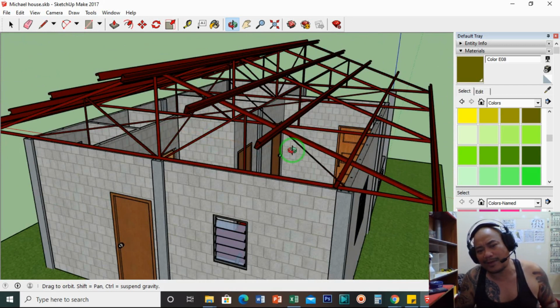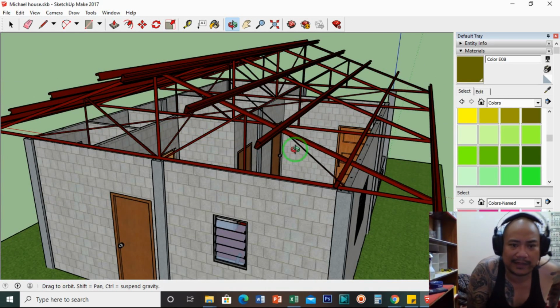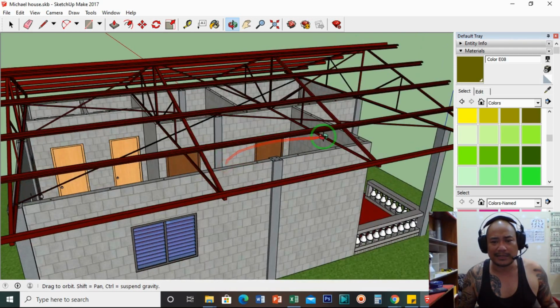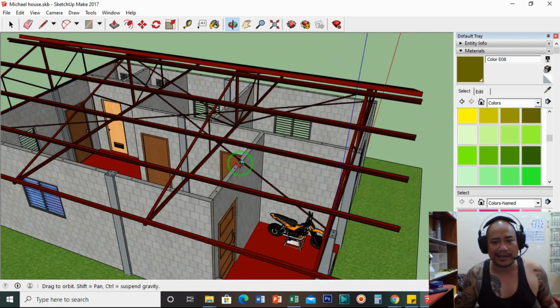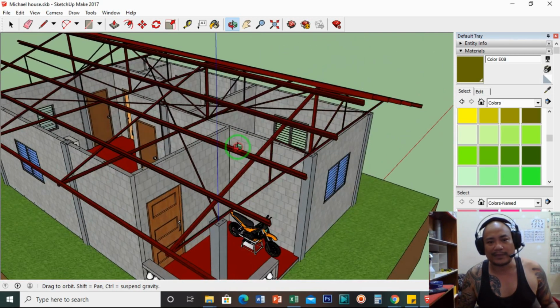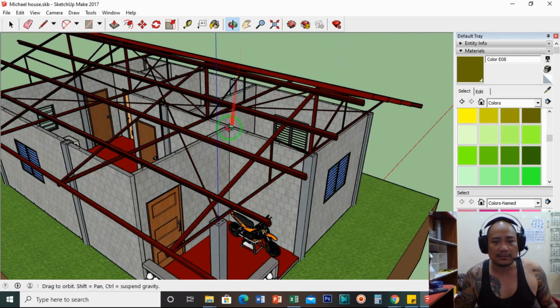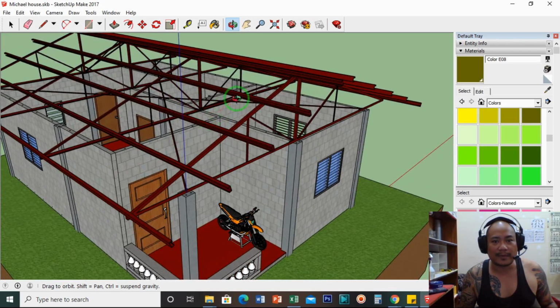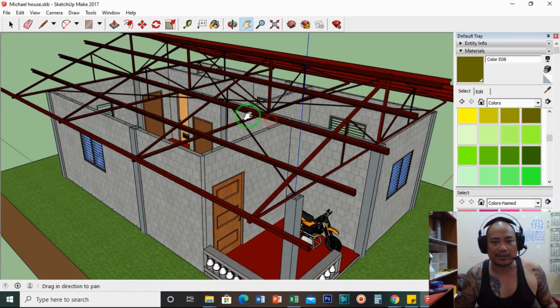Nowadays, my friend, we prefer to use metals because C-channels, angle bars and rebars are available in many places already in the Philippines. Unlike before, you could only purchase this in cities. But nowadays in urban and rural areas, we can also find this in our barrios.